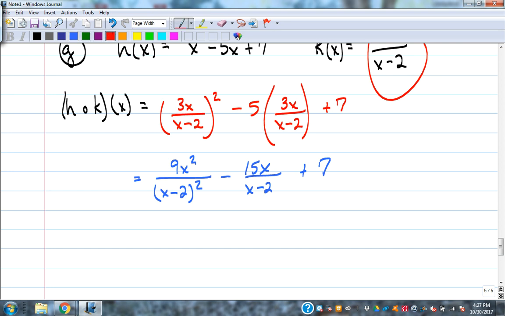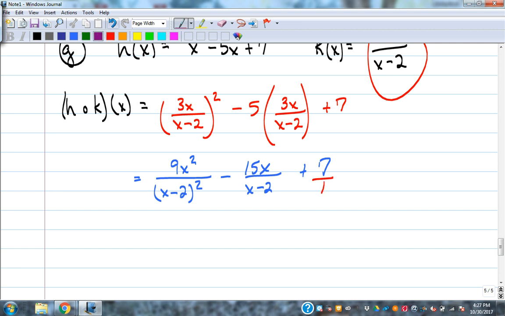Well, in order to add those things, and it's much easier to find the domain when it's one big fraction instead of 3 separate pieces. So let's make it into one fraction. The common denominator for that would be x minus 2 squared, because this one has one of them, that one has 2, and that's really over 1.